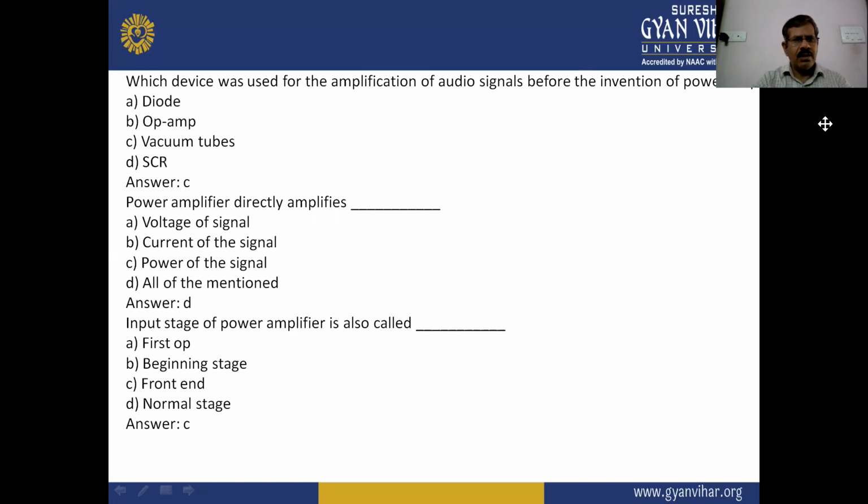In the operational amplifier, we do different calculations like addition, summation, integration, differentiation, etc. And the SCR, the silicon controlled rectifier, is also used for rectification in high power conversion. So here the correct option is option C, vacuum tubes.